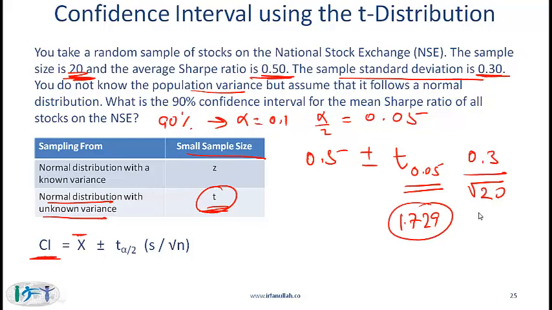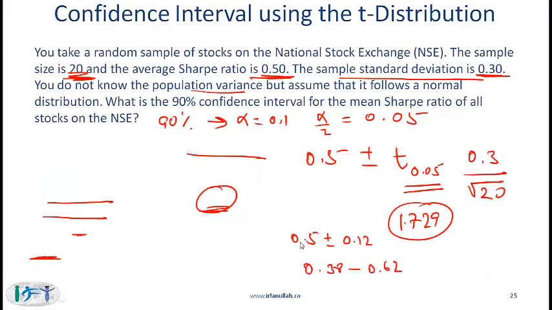So let us solve this. You will get 0.5 plus or minus 0.12. So what this means is that we have 90% confidence that the population Sharpe ratio falls between 0.38 and 0.62.